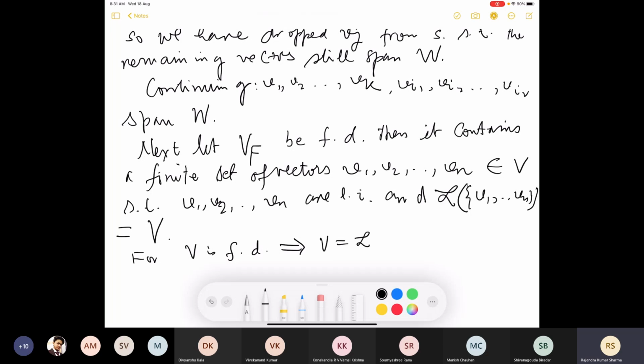So V is a linear span of V1, V2, say Vm, for some Vi's in V. So what we can do is, as we just saw, that this is a linear span of these vectors, and out of them, if there are some, say V1, V2, Vk that are linearly independent, then we can find a subset which consists of linearly independent vectors, say V1, V2, Vk and Vi1, Vi2, Vir, which are linearly independent and also span.